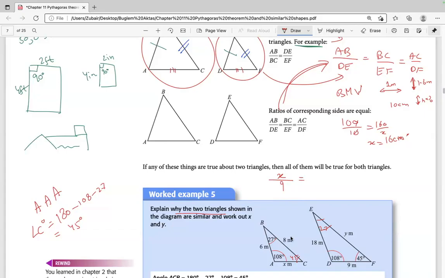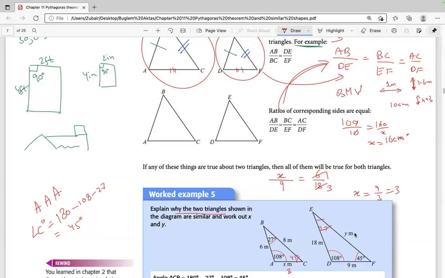I cannot choose 8 because y is the corresponding side. 6 and 18. And at all times, ABC is in the numerator. Already this is 6 one time and 6 three times, so I can see this is 1:3. So x should be 3 times less: 9 by 3 is equal to 3. X is 3 meters.